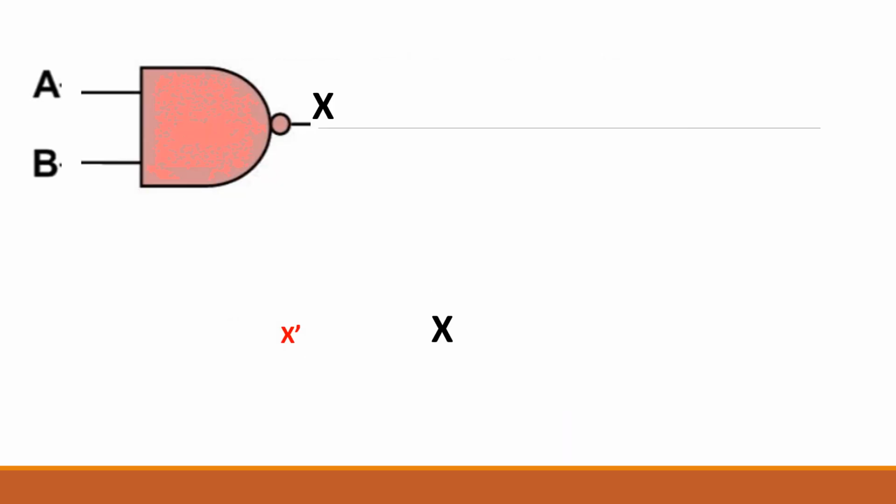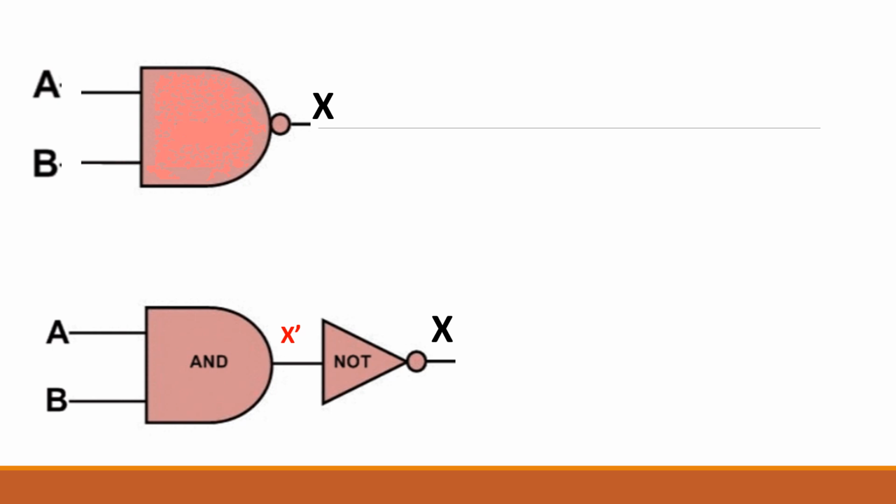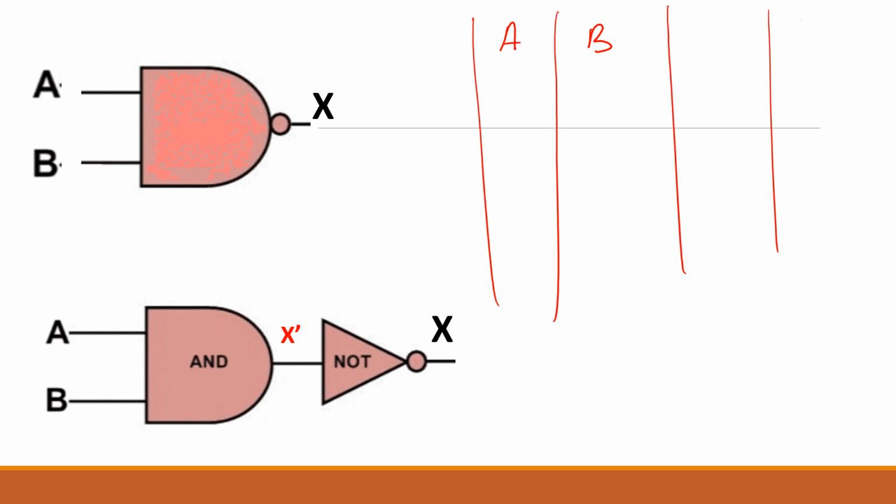So in this one, what is happening? We have a dot after the AND gate. So the symbol, if we separate it, it should be like this. So can you try to do the input and the output in this one? So we can have A and B, and then before coming to the X, we have another one.